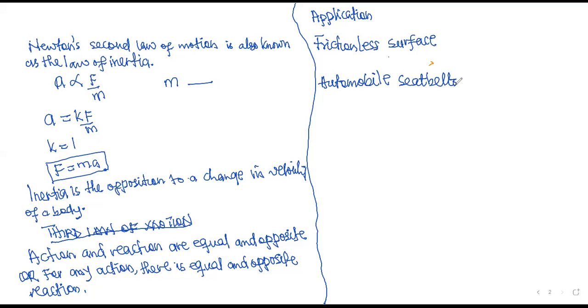But the problem will come when the driver applies the brake to stop the car and you will be jerking, thrown forward. Now, it is for this reason that the seat belt is designed. Where the car begins to move forward, you will be going back, and in going back, the seat can support you.